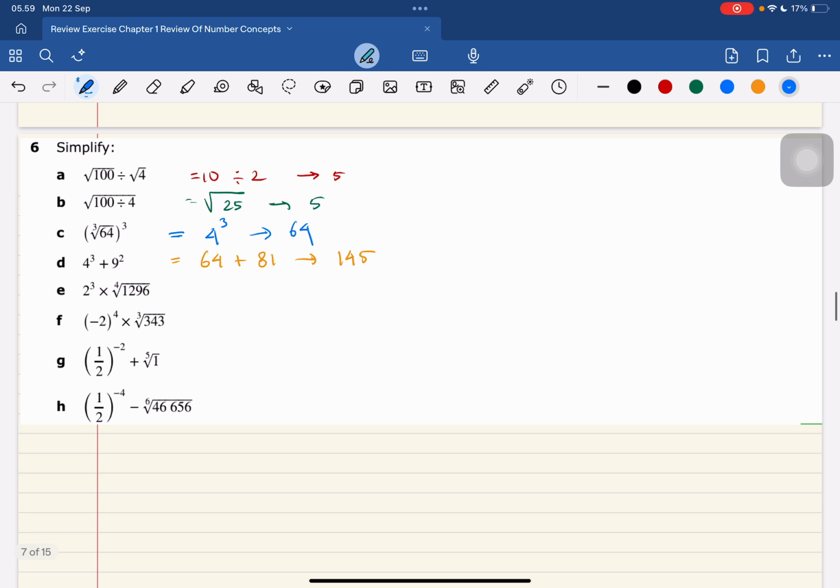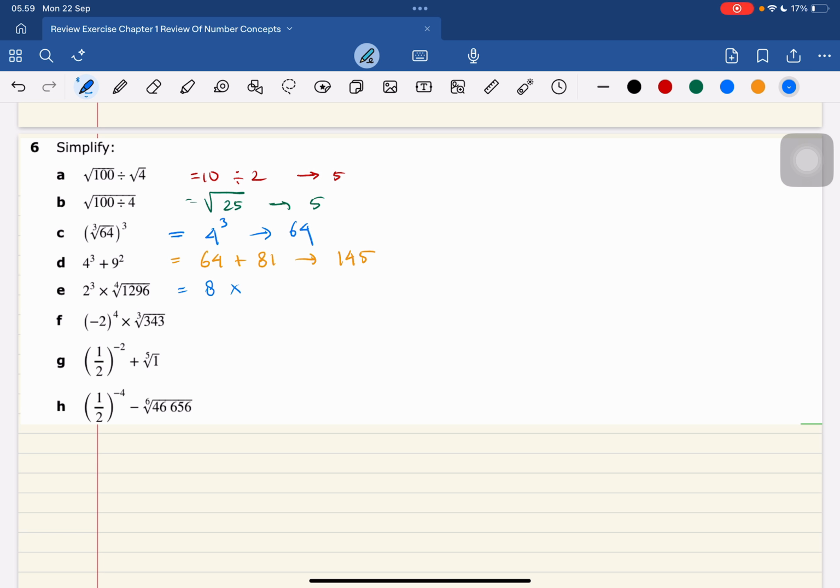Okay, next. 2 cubed. 2 multiplied again by 2, multiplied again by 2, is going to be 8. And then the fourth root of 1296. So we should find it. What number, if we multiply it by itself 4 times, equals 1296?